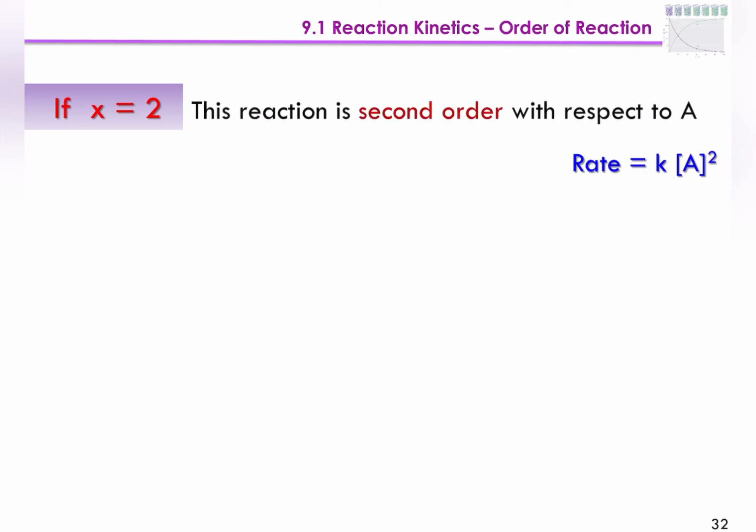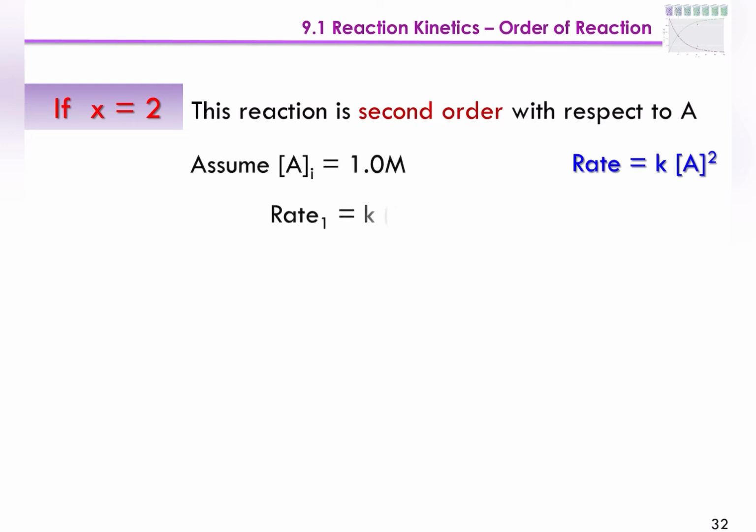Next, I have another case. If my X equals 2, inserting this value into the rate law, 2 is my power, and I will consider this reaction second order with respect to A. And next, I assume my initial concentration of A is 1.0.